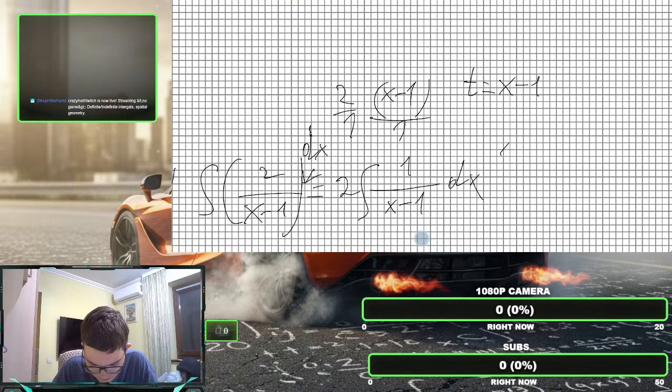So t is x minus 1, dt is essentially dx.